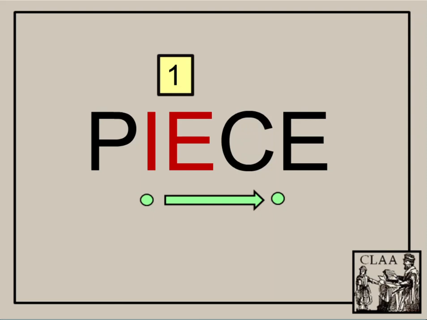This digraph IE is read with the classical sound E. So usually when you see the letters I and E together in the middle of a word, it's read with the sound E. Let's read this word together. Peace, peace.